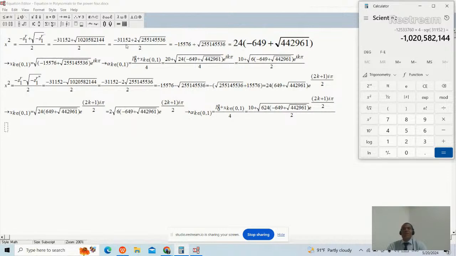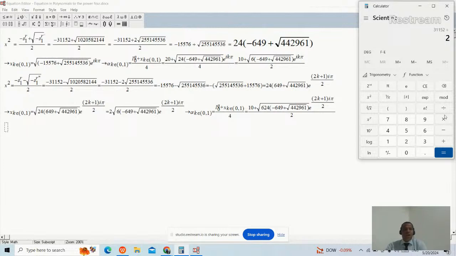Now let's simplify. I will just simplify this, learners. I will divide this by 4, okay, first, so it will be equal to 255, 14, 55, 36. Then we continue, learners. We have 31,152 divided by 2.